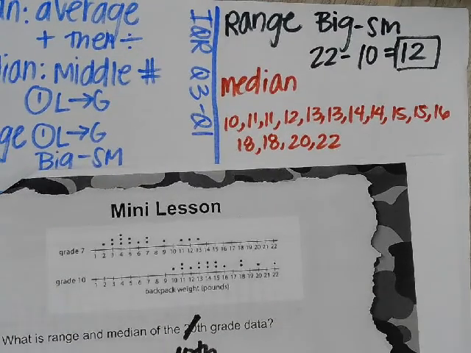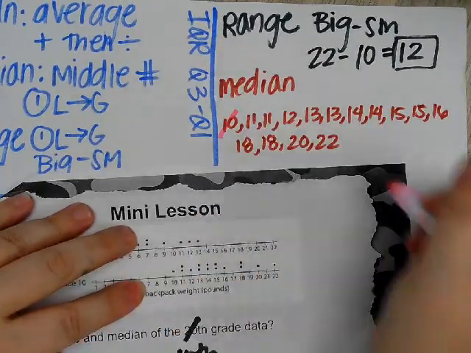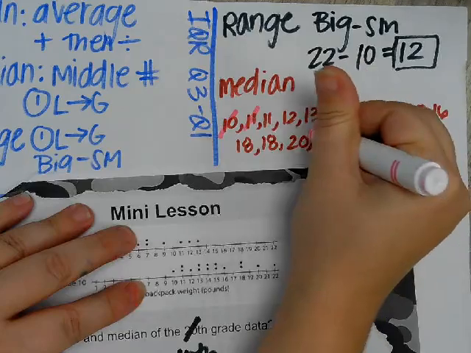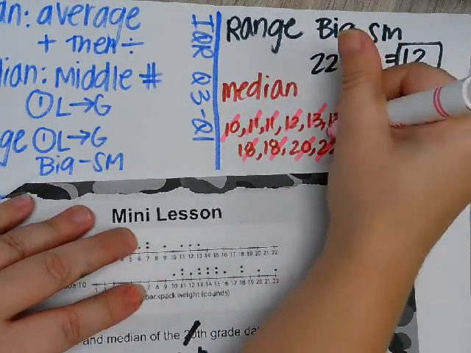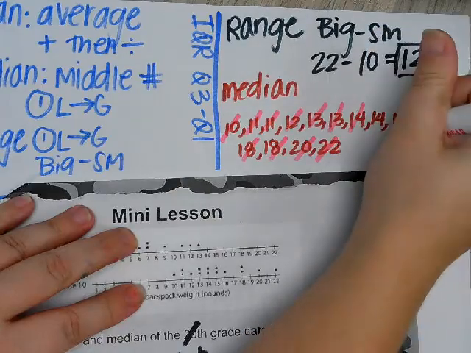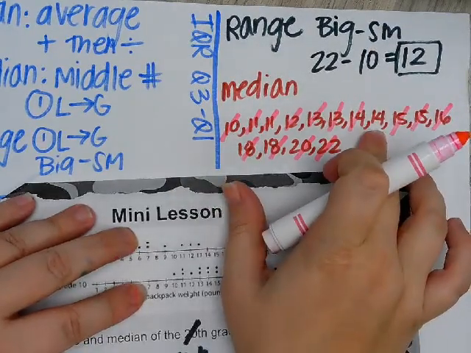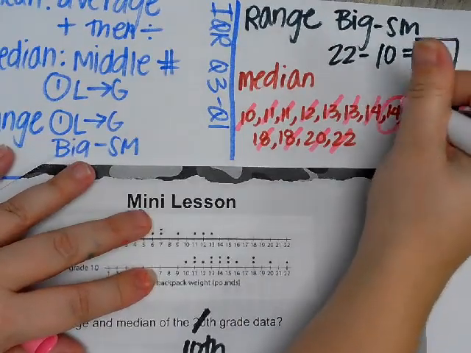And I'm going to find my middle number. So I'm going to cross out my least, cross out my most, least, most, least, most, and so on. Okay, my middle, my median, is 14.